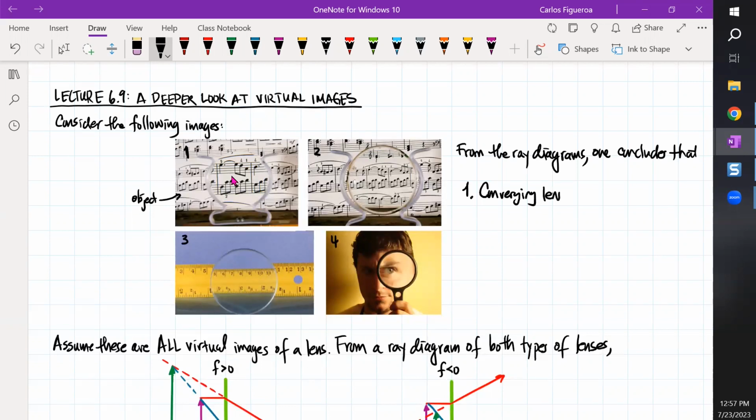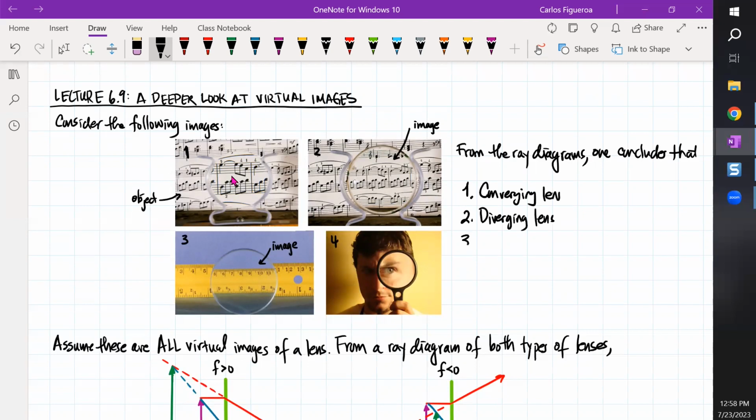On the other hand, when I look at the second one, here is my image. And you could see that the image is smaller than the object. So this has to be a diverging lens that's producing that image. Again, if you look at this one here, here's the image again, and you can clearly see that the numbers are smaller.